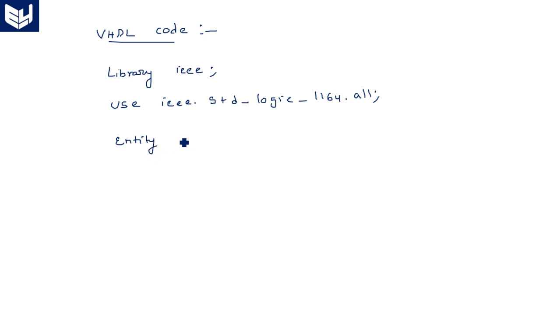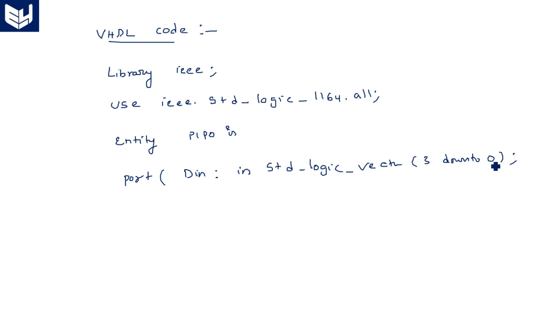Entity parallel in parallel out shift register is port of: data input, which is 4 bits, so std_logic_vector of 3 downto 0, and data out is also the same, output std_logic_vector of 3 downto 0.